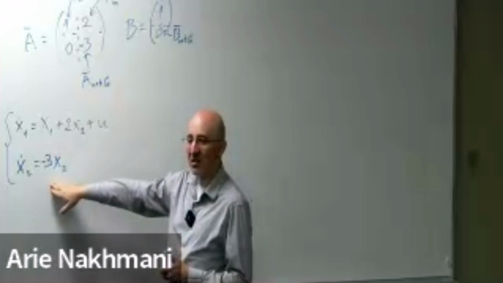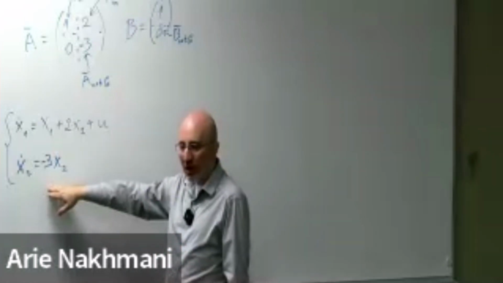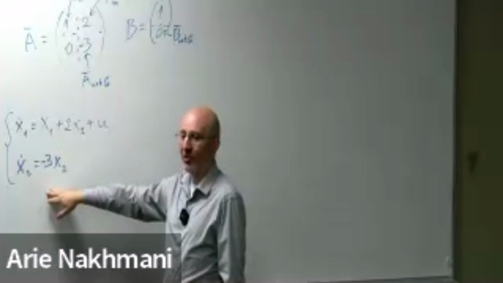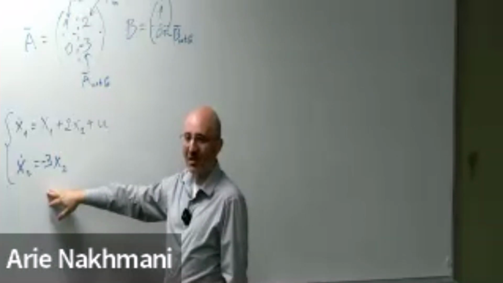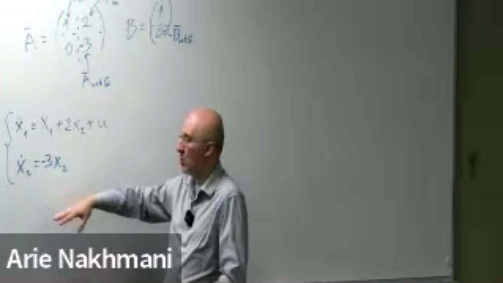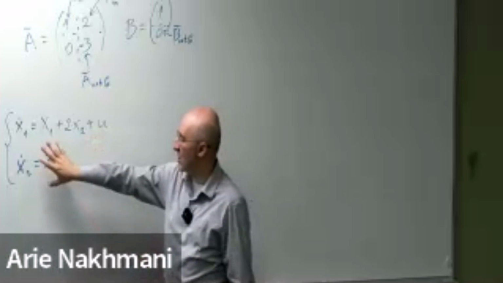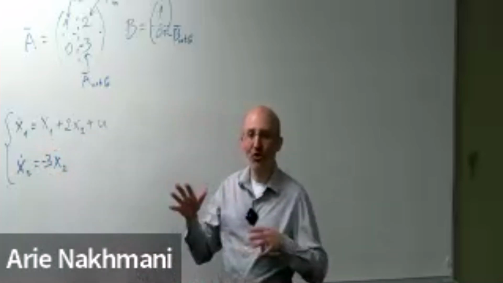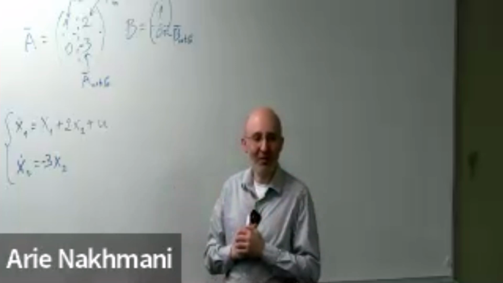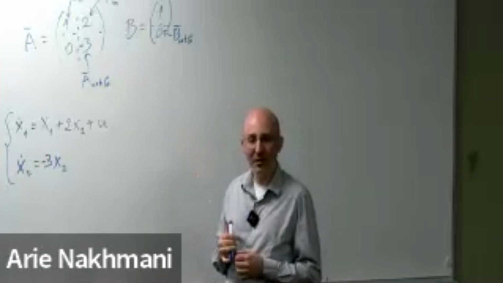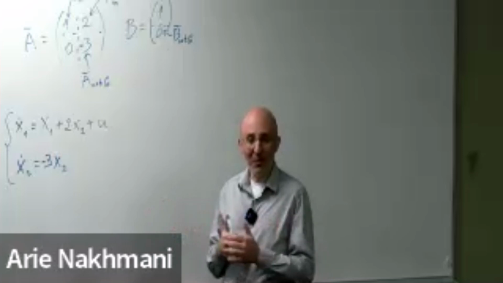But when a variable depends only on itself and not on u, it is not controllable, which means no matter what you do with u, this equation will converge with the rate of exponent of -3t. You cannot do anything about it.